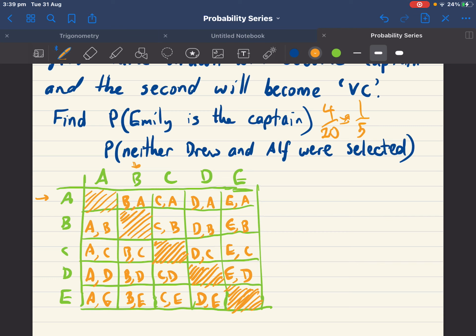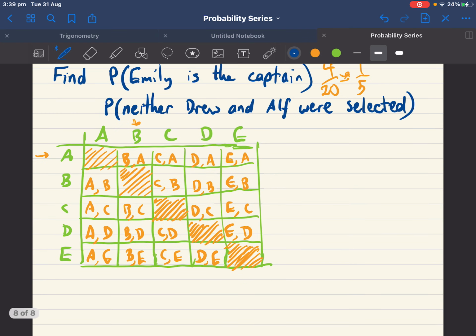What's the probability neither Drew or Alf were selected? So you're just looking for all the ones where neither Drew or Alf were in it. So that should be easy enough. All the ones with no Drew and no Alf. Okay, I may have all of them.